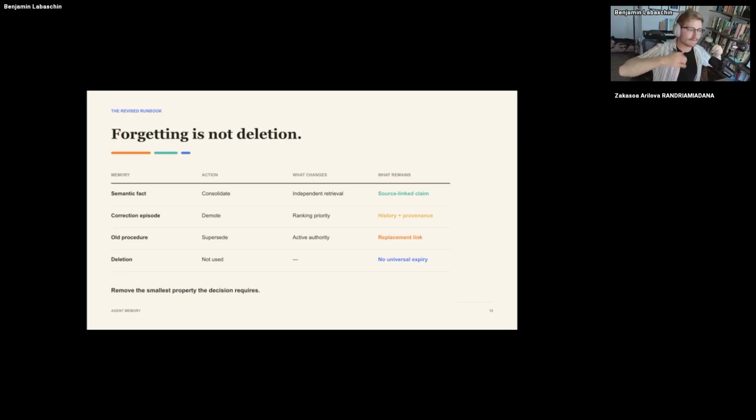Some other ways of forgetting a memory, let's say that we've decided this memory is not super useful: we can consolidate it. We can say, these are two memories, let's consolidate them together. We can demote it. With the metadata attached to the memory in our routing system all the way from the beginning, which says this memory is more important, this memory is less important, we might make it less important, or we might say it's less authoritative.